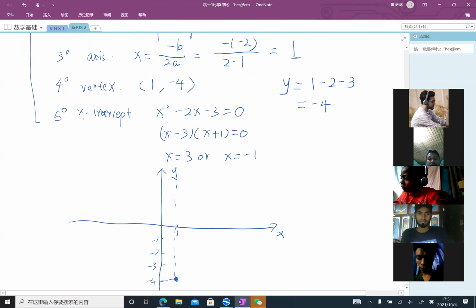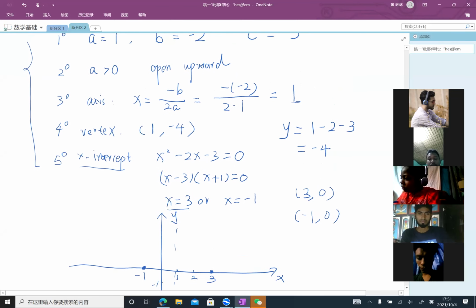Let's see the x-intercepts. One x-intercept is (3, 0), and the other x-intercept is (-1, 0). So this is 1, 2, and 3, and this point is one x-intercept; and this is negative 1, so this point is the other x-intercept.